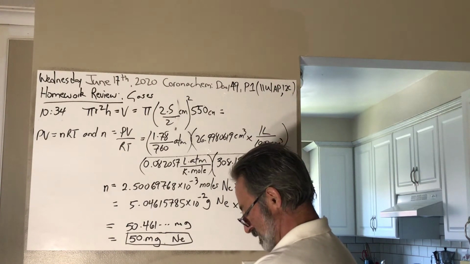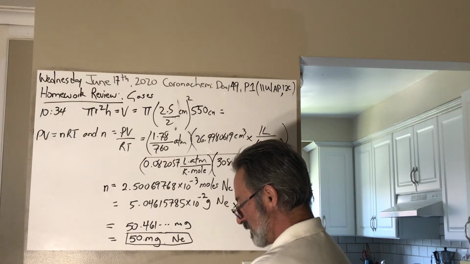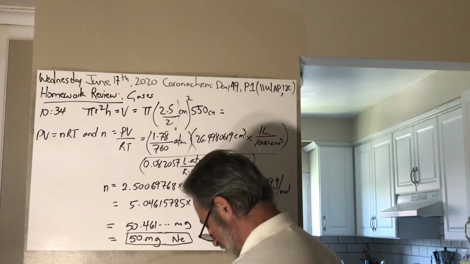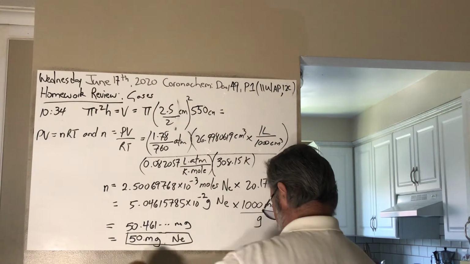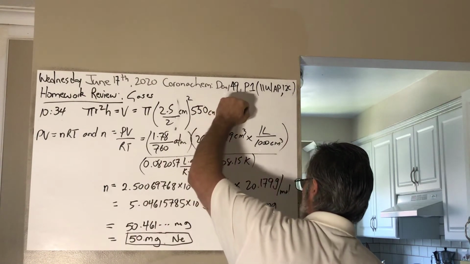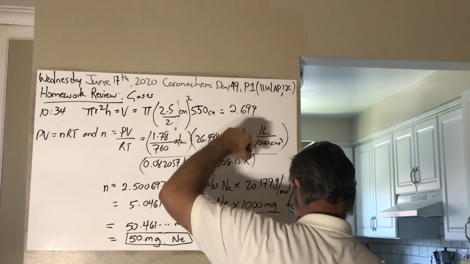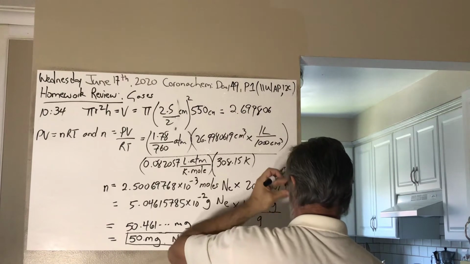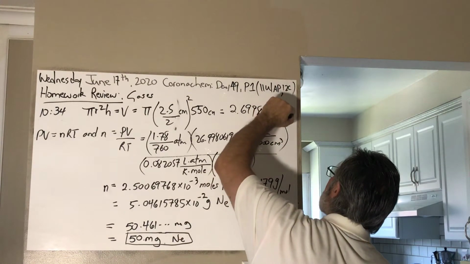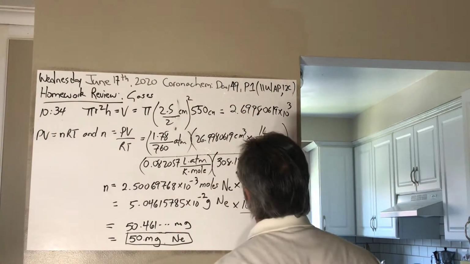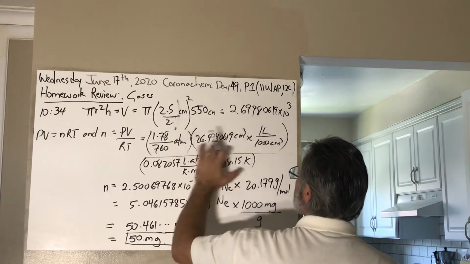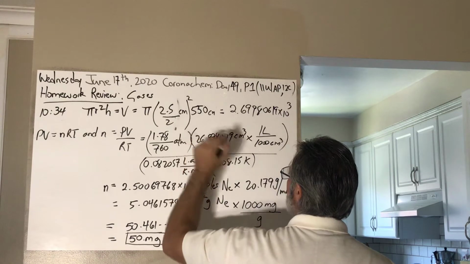So this number becomes 1.25 squared times 550 times pi, and what we get is 2.699806 times 10 to the power of 3. So that's 2,699.806.